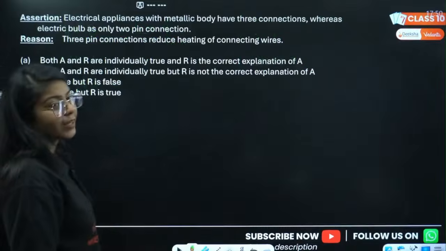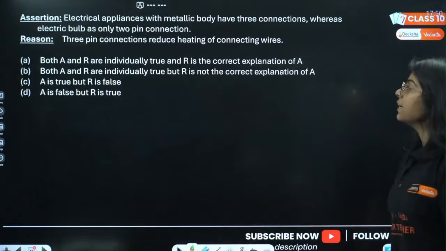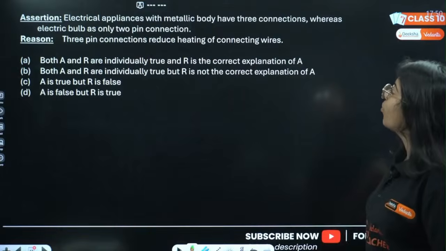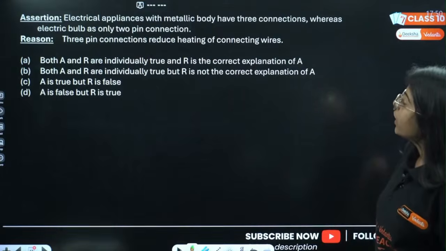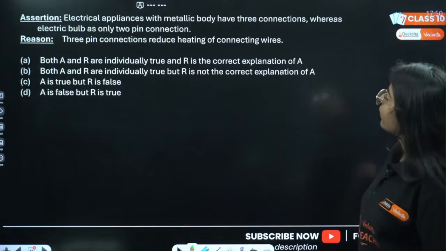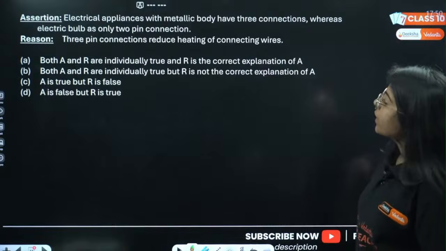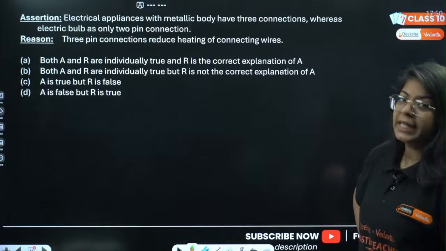Wait, we have one assertion reason question as well. Assertion says electrical appliances with metallic body have 3 connections, whereas an electric bulb has only a 2-pin connection. Reason: 3-pin connections reduce heating of connecting wires. What is the truth? A, B, C or D?